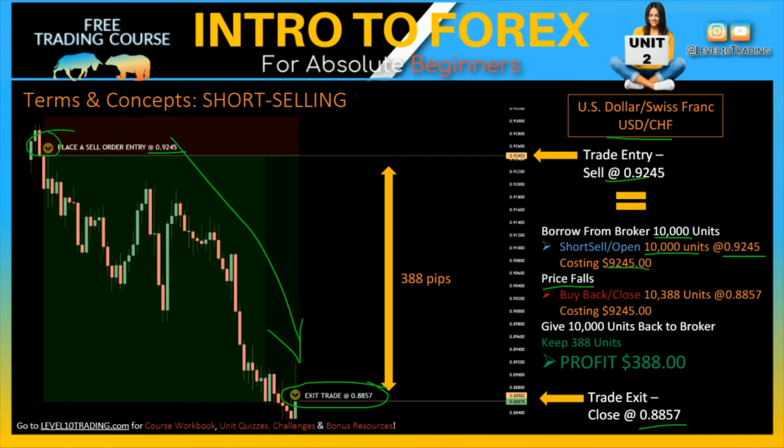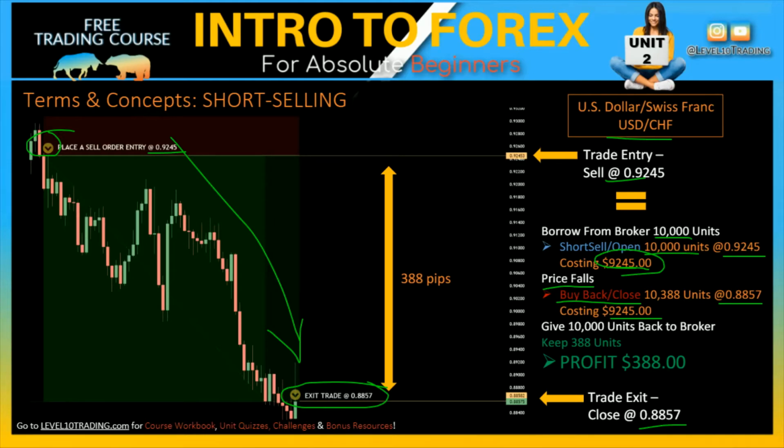At the time that you close out your trade, you are going to be buying back the units with your borrowed total amount of this 92.45 at the new price of 0.8857. It is again still going to cost you 92.45. Okay.